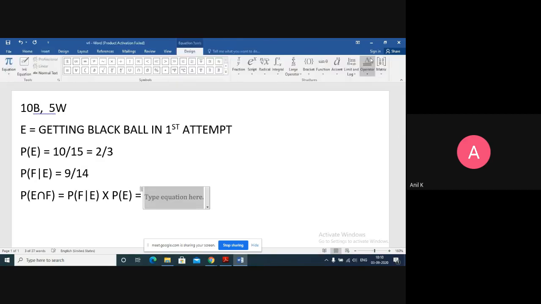If you want to insert the equation, it is 9 upon 14 multiplied by 2 upon 3. For simplification, 2 cancels in 14 seven times. So the final answer will be 3 upon 7.